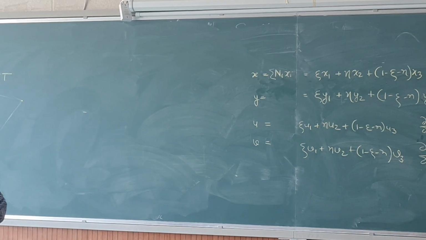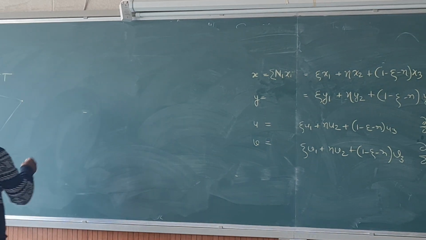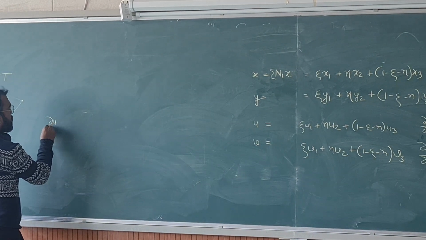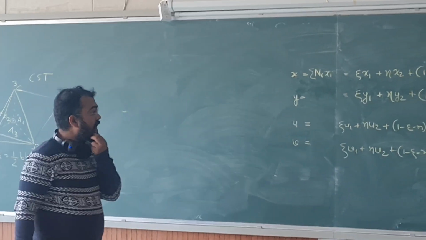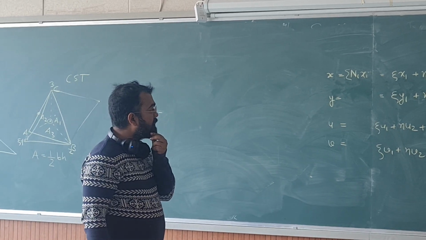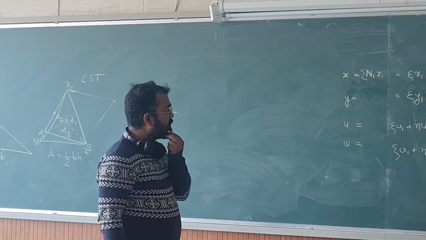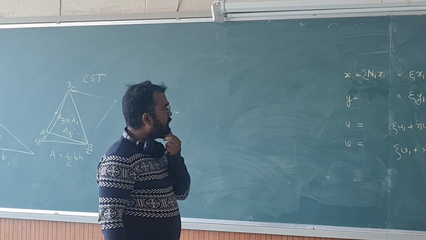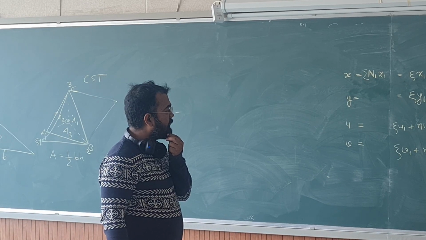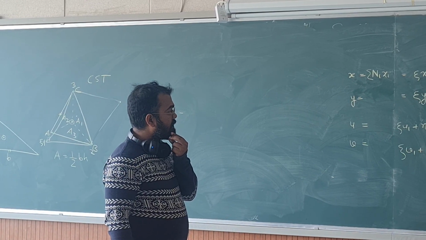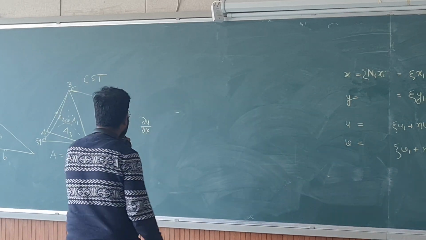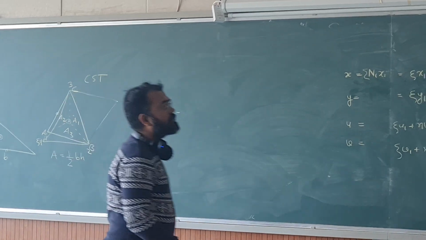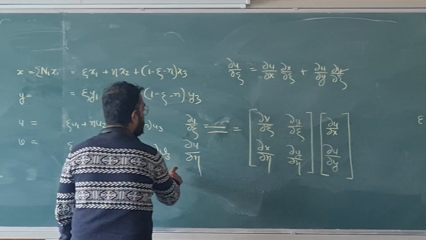Now if I want to find out del u by del x, what will that be? Do I need the Jacobian for that? Yes, I need it, because my u's are in terms of epsilon and eta. So del u by del x will be equal to the inverse of this into this, right?